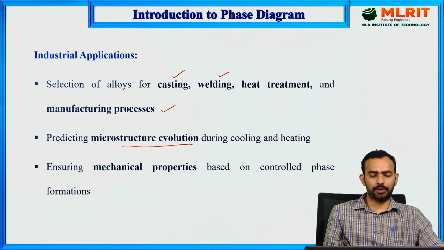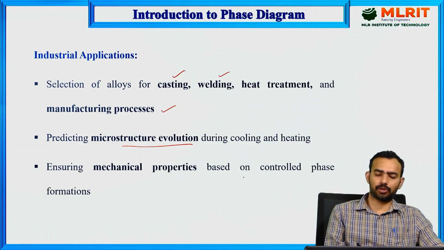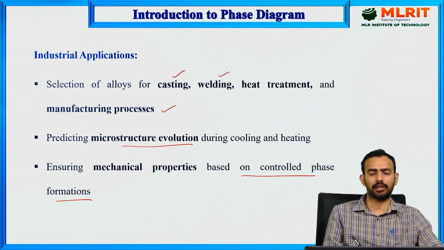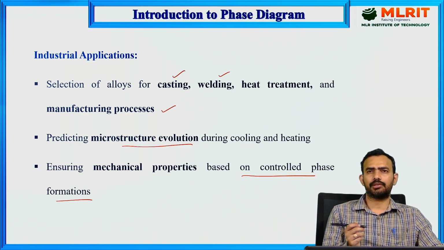Then it ensures the mechanical properties based on the controlled phase formations. So by understanding the phase diagram clearly, we can control the heat treatment process so that the material being evolved through the process with certain properties can be very much controlled. So we can ensure the mechanical properties based on the phase formations.